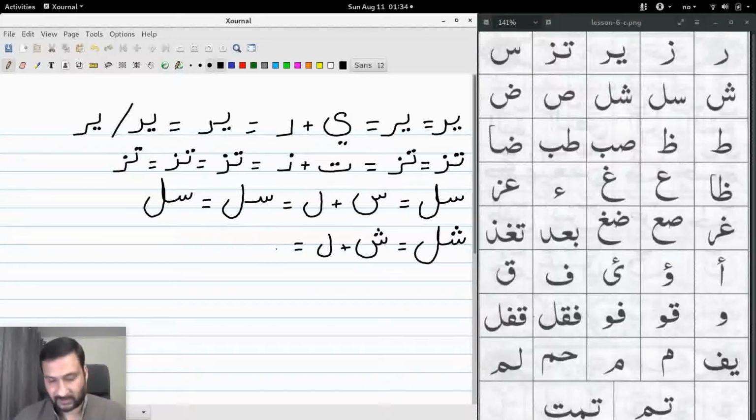Sheen is in the beginning of this two-letter word, so Sheen takes this form, and Lam takes its full form because it's at the end of the word. So Sheen Lam. This is too big. Sheen Lam, right? This Lam needs to be a bit longer, like so, so it looks like a Lam.